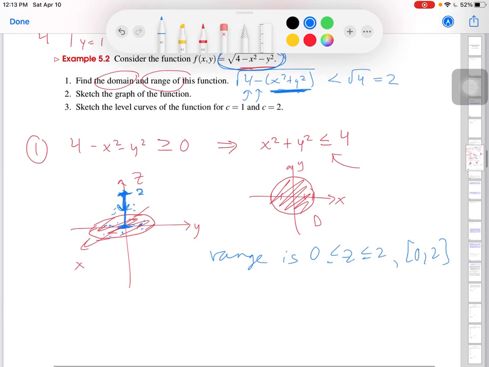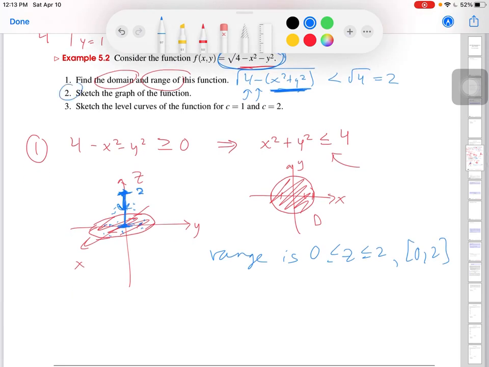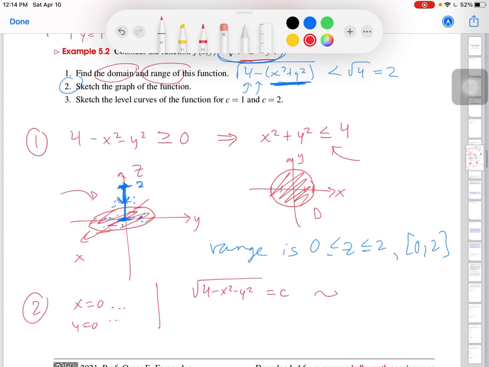So now let's try to sketch, number 2, the graph of the function. I have started doing that, but this is the plot points version, which, as we said earlier, takes way too long. We could do the x equals 0, the y equals 0 versions, right? But instead, I'm going to choose to do the contour version. So if I set the function equal to c and start looking at its contours, what do I get?